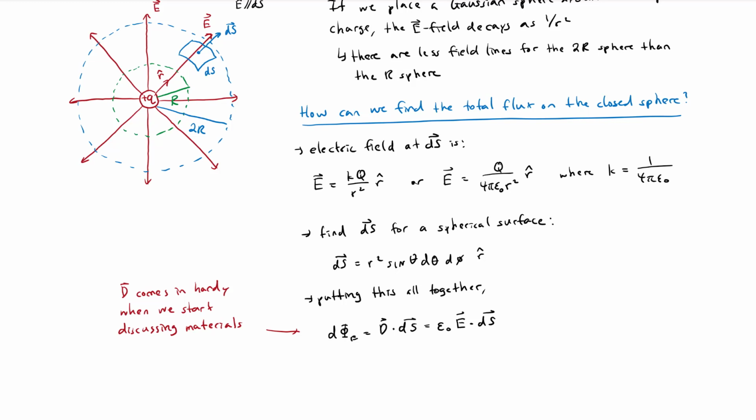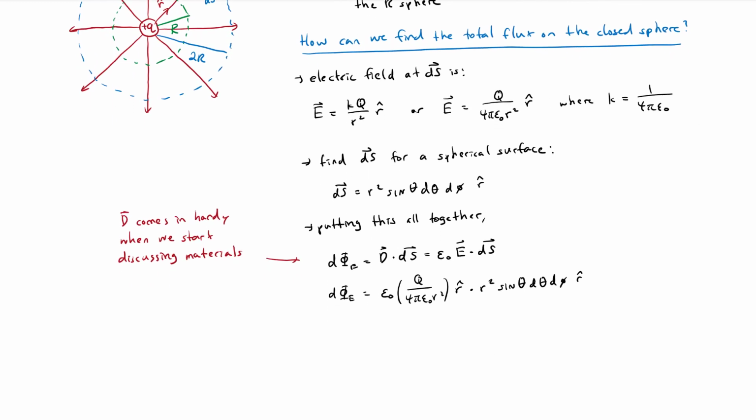So with this, I now have d phi is equal to epsilon naught. I know E is equal to Q over 4 pi epsilon naught r squared, r hat, dotted with dS, which is r squared sine theta d theta d phi r hat. So that means d phi is equal to Q over 4 pi.